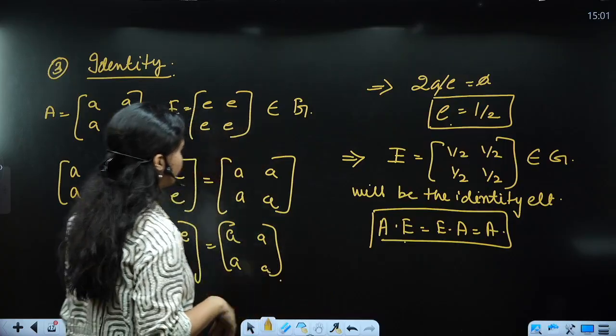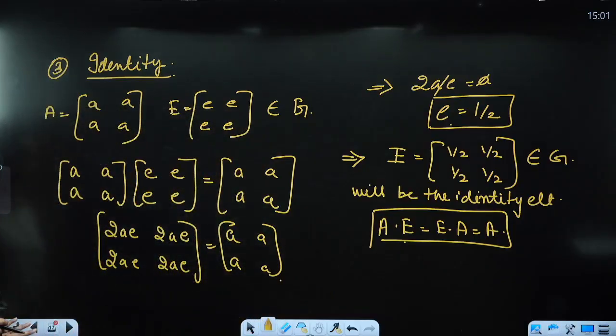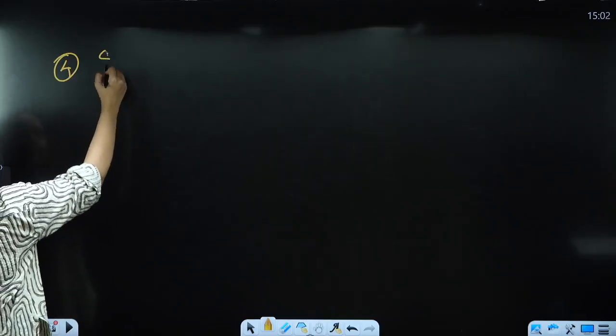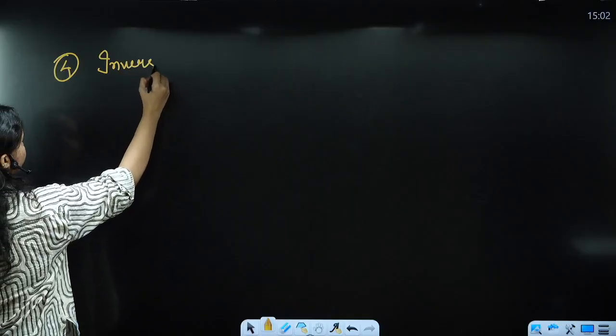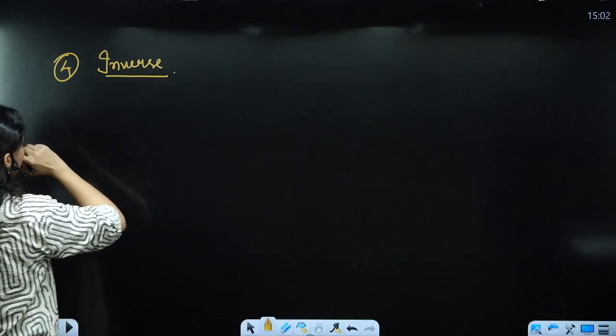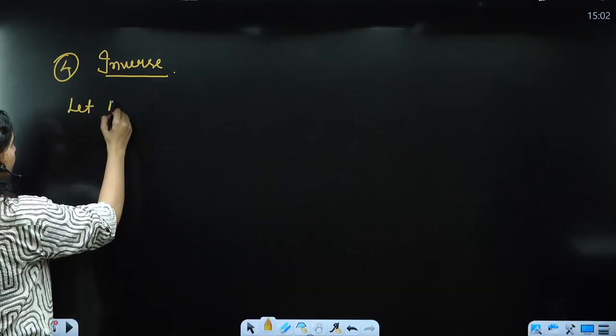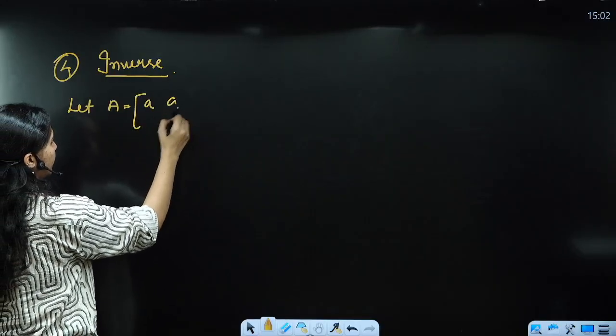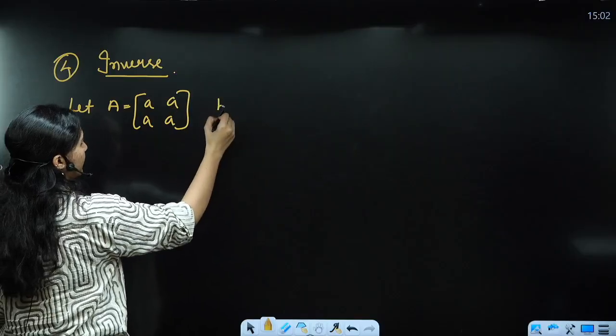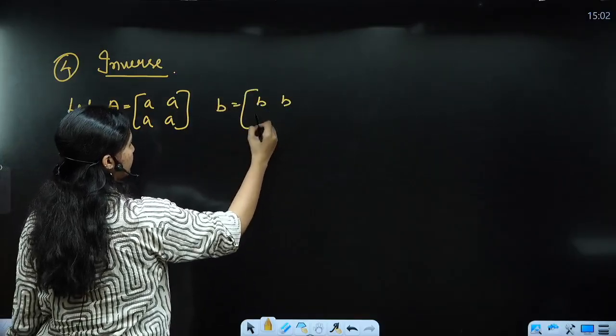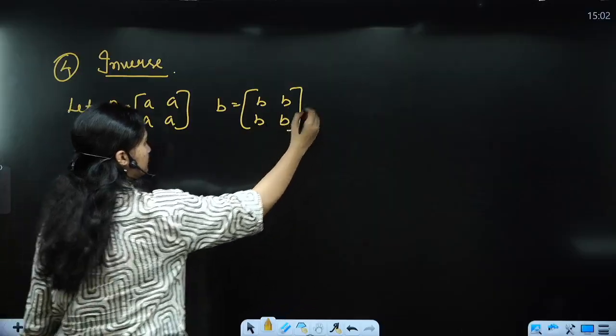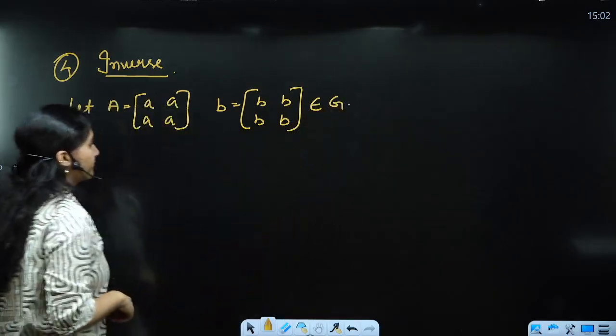And finally we have to just figure out what is the inverse for each element going to be in such a matrix. Okay, so let A equals A, and A, and B equals B and B belongs to G, right?